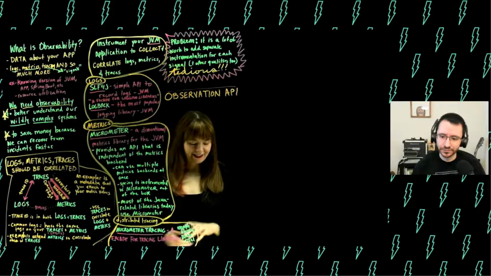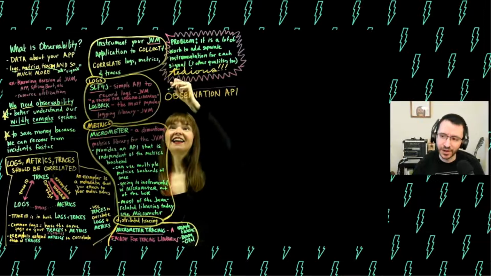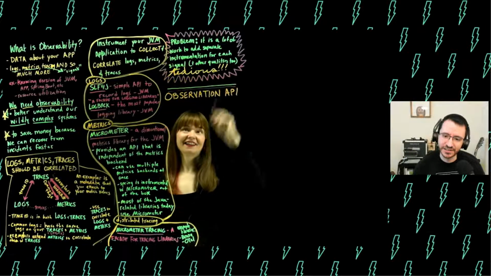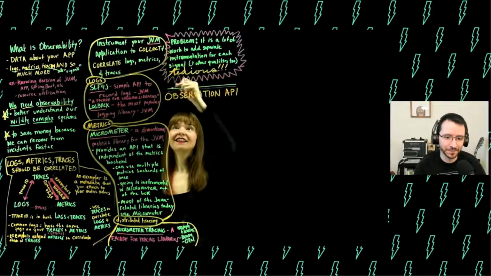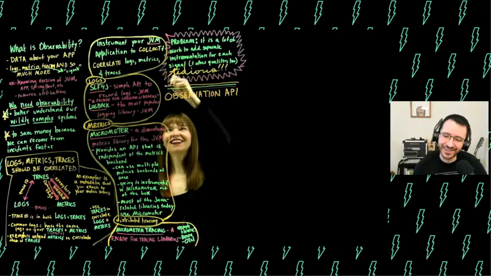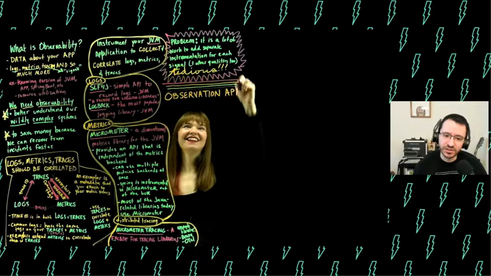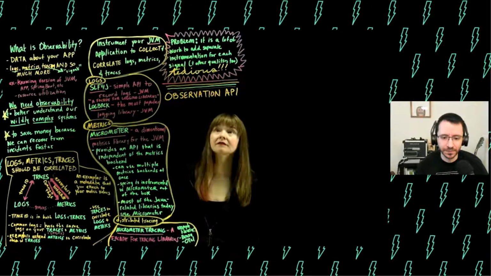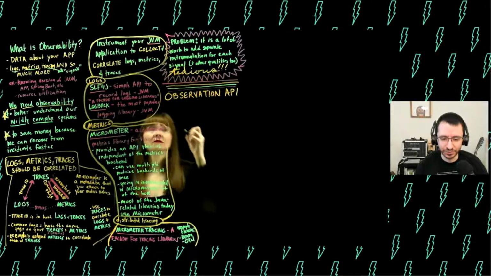So the promise here is basically you have one API, not 3, 4, 5, or 6. And you can instrument your code once and get multiple benefits out of it.